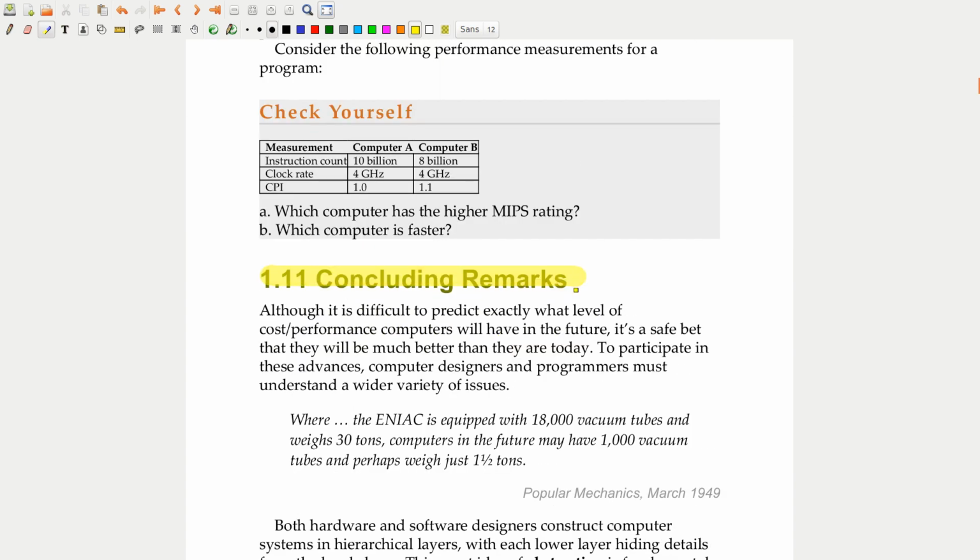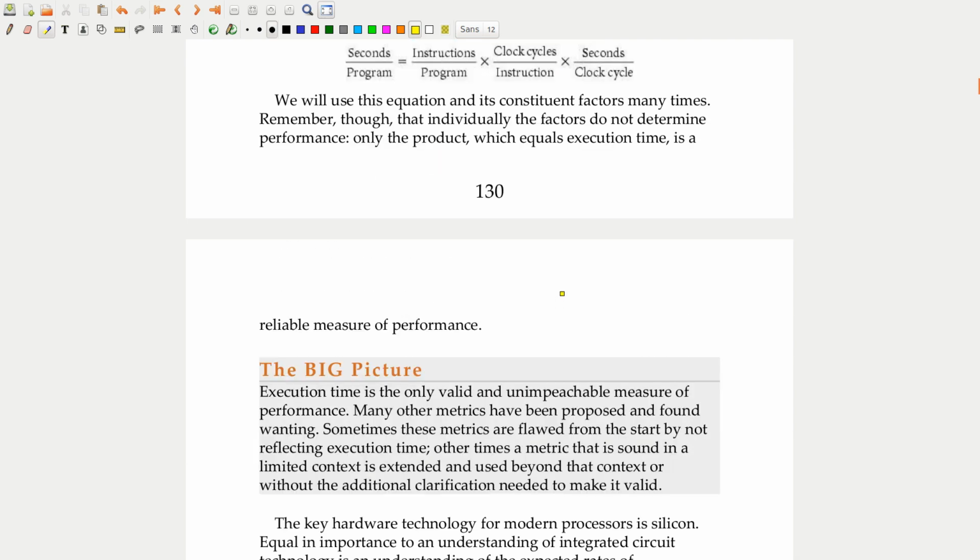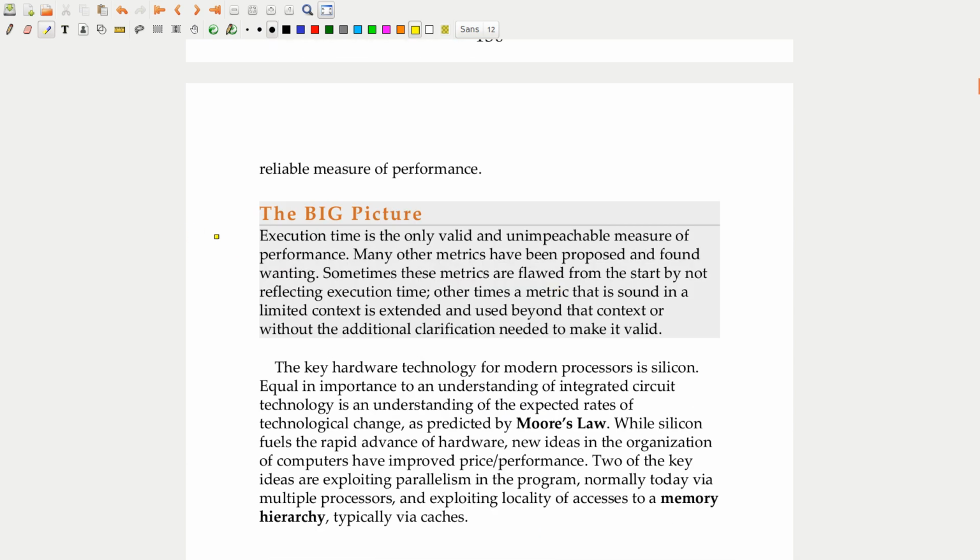And so yeah, these final remarks are just this big picture idea that execution time is the only valid and unimpeachable measure of performance. So how fast it takes to get from point A to point B, that's the only good end result. If you have some novel idea that improves something, and you say, oh, my performance is better, the user's not going to care.